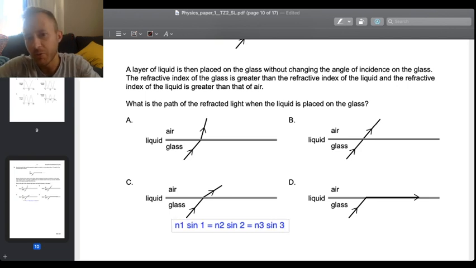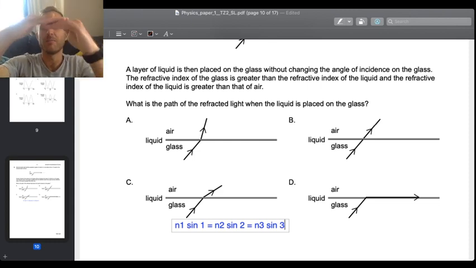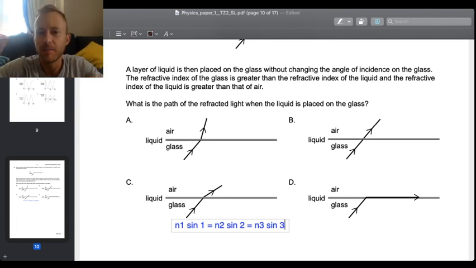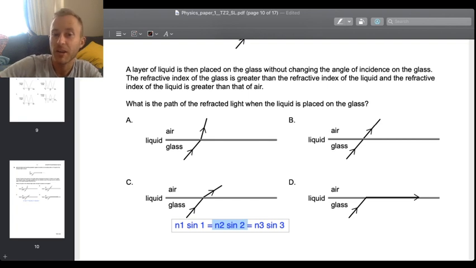So see how all three of these have to be equal to each other. So basically what happens is if you put a layer in between, you're still going to have the same angles, because we basically just added another thing that's equal in the middle. So it's going to do nothing. The answer is D.